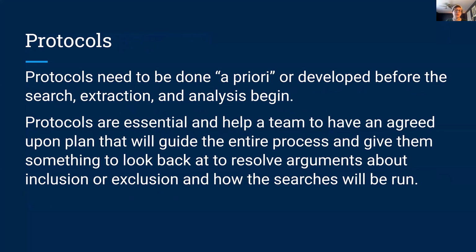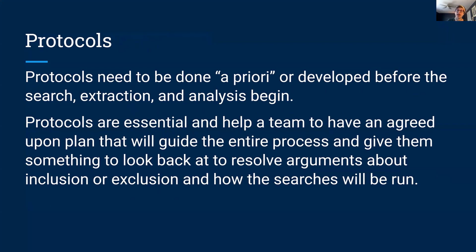And these protocols need to be done a priori. They need to be developed before you even begin the real process. So again, you're going to be working through your question, working through what literature is available, working through your ideas of how this process of your systematic review is going to go, and then documenting them with your team.